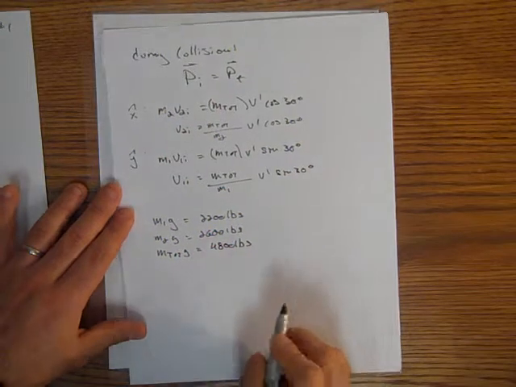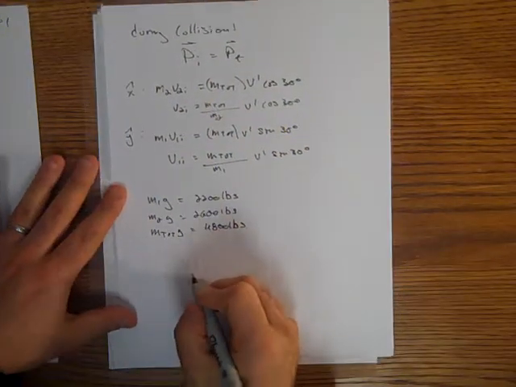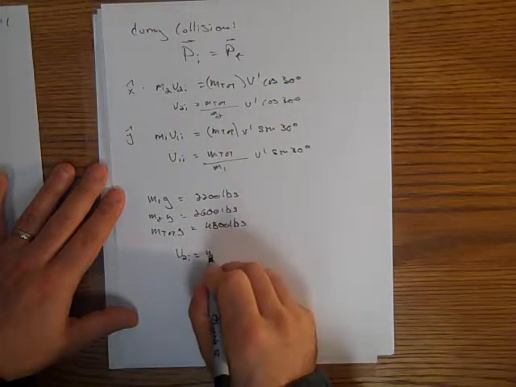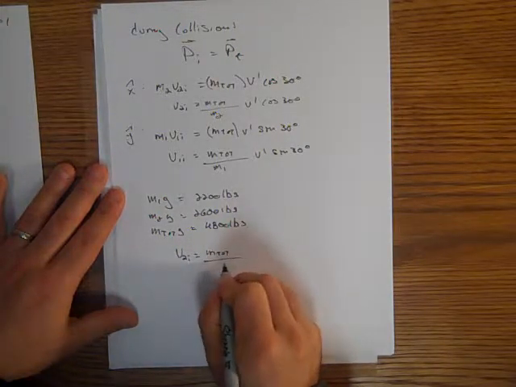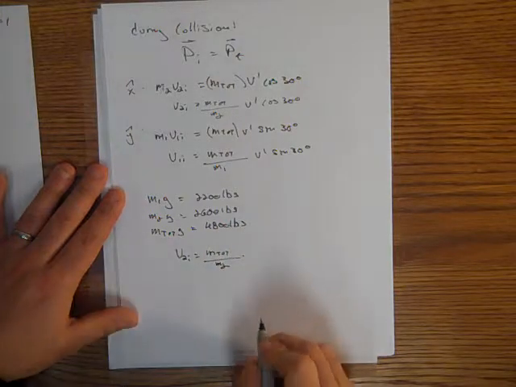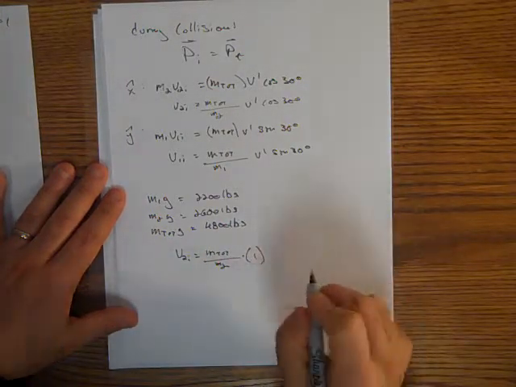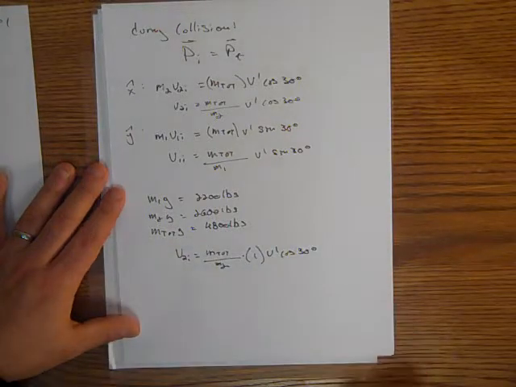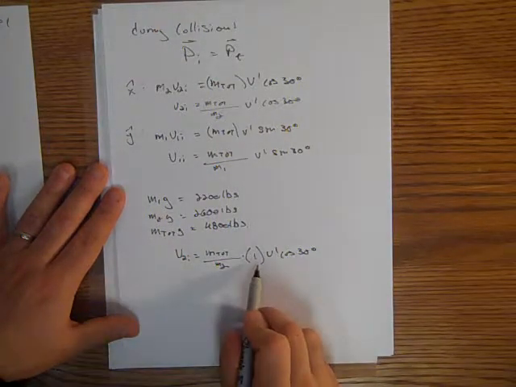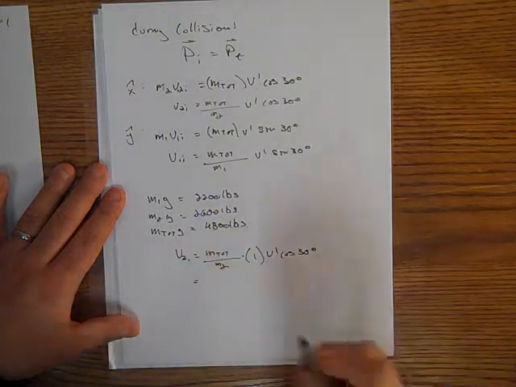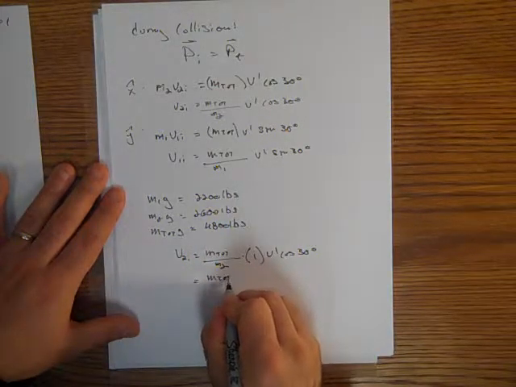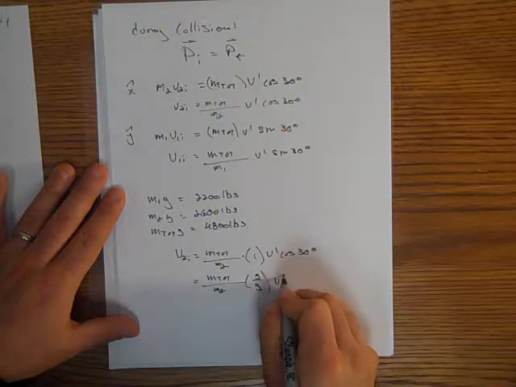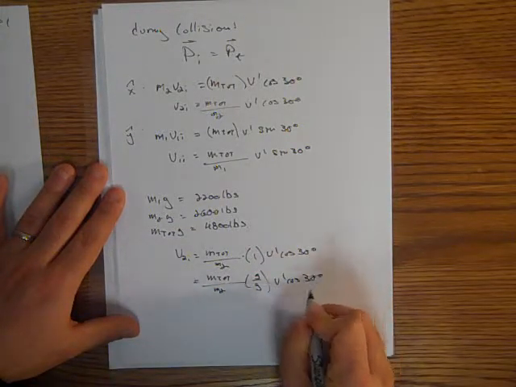If I want to find either of these speeds, the trick is to recognize that v2 initial is m total over m2, and I'm going to multiply by 1 here. This is a little algebra trick: v prime cosine of 30 degrees. I can make 1 however I want, so I'm going to make it g over g.